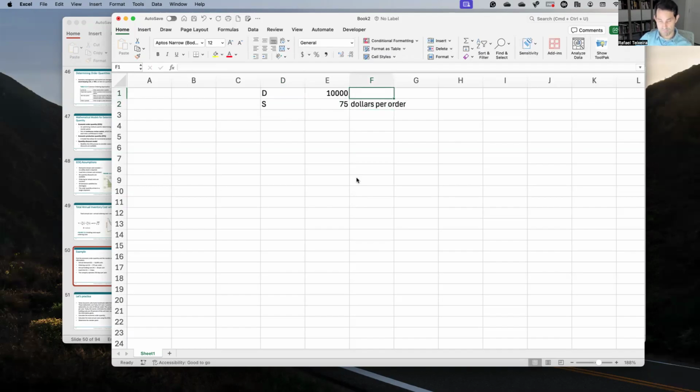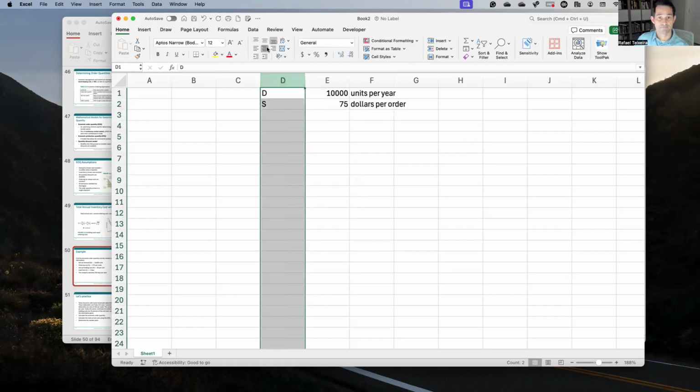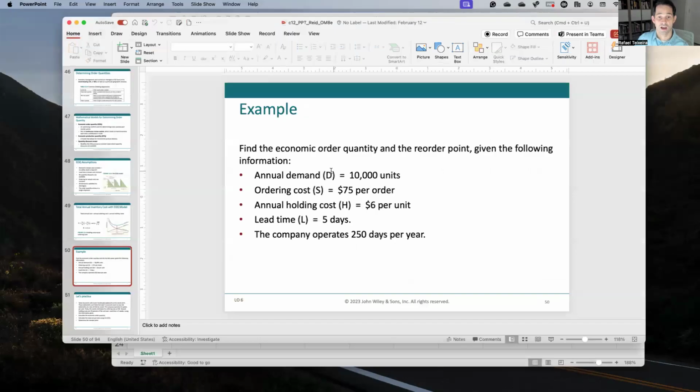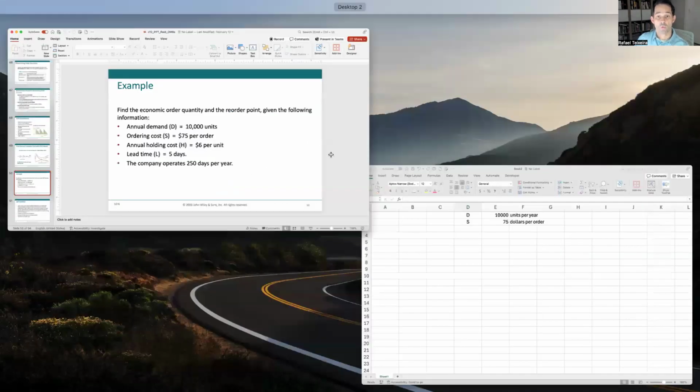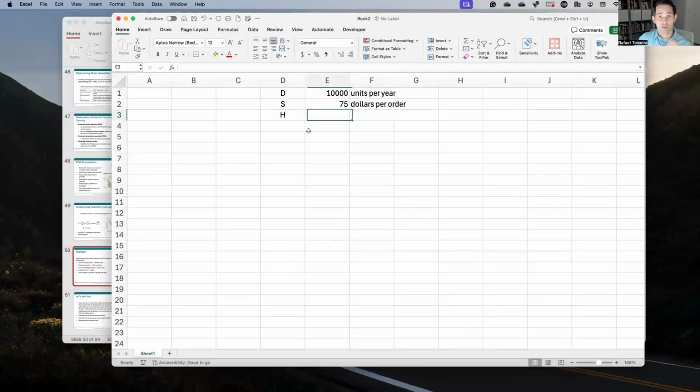I'm going to put these units to help clarify what these letters represent. Annual holding cost is $6 per unit. The holding cost is always in dollars per unit. In the next problem, the holding cost is going to be a percentage, then we have to turn it into dollars per unit. I'm going to show that in the next example.